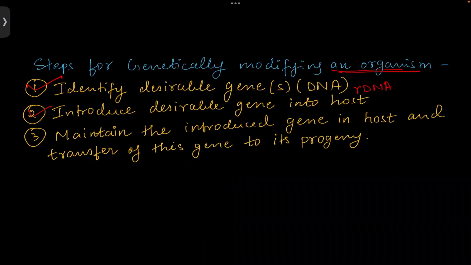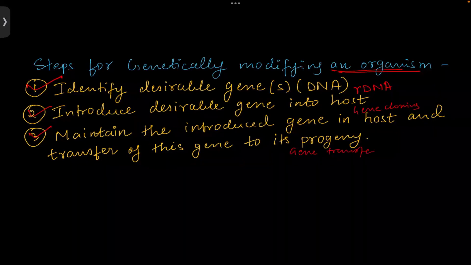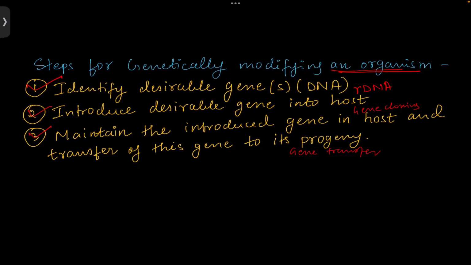Then you have to maintain this introduced gene in the host and make sure that it gets transferred to its progeny. That is, you have to make sure that your gene of interest gets multiplied, that is, gene cloning is happening. And while gene cloning is happening, it is also getting transferred, that is gene transfer, to the daughter cells of the cell that you have genetically modified originally.